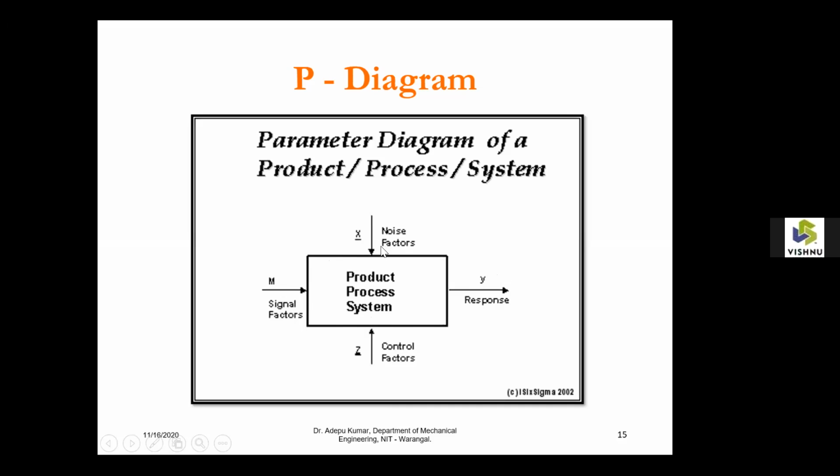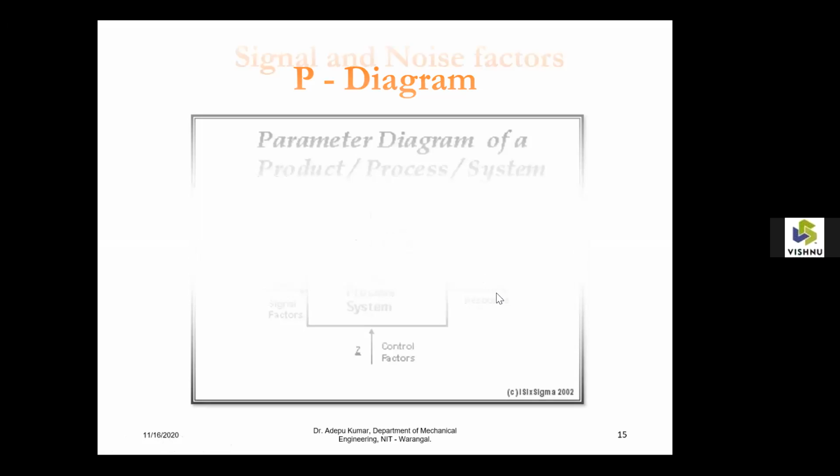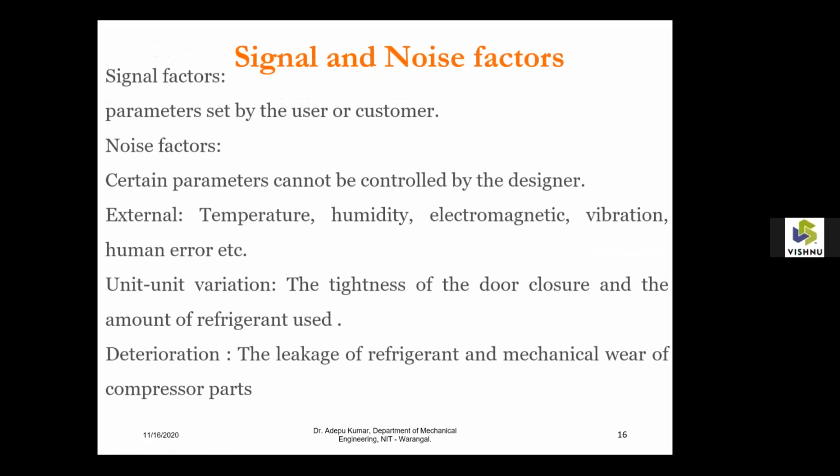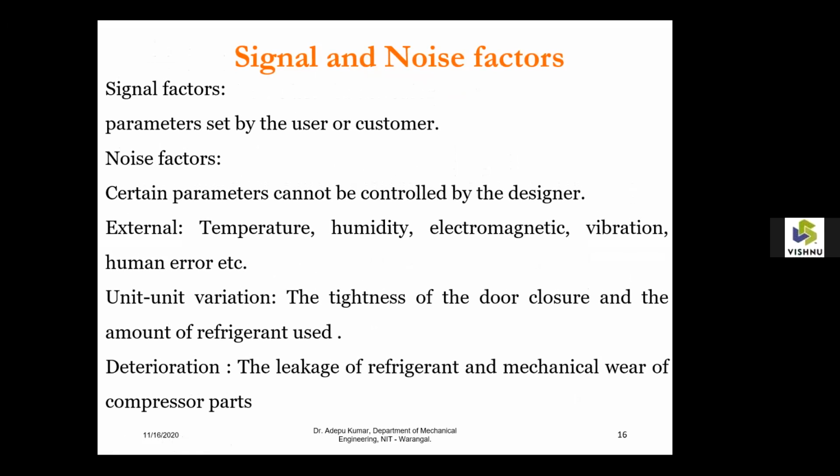Here, in Taguchi, noise factors are generally added to the system. You give the input to the system and you get a certain output. So what are the factors? Signal factors are parameters set by the user or customer.